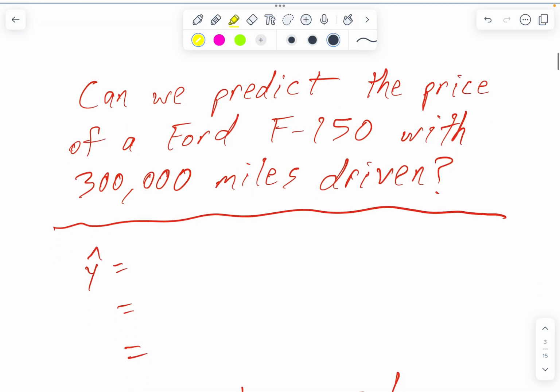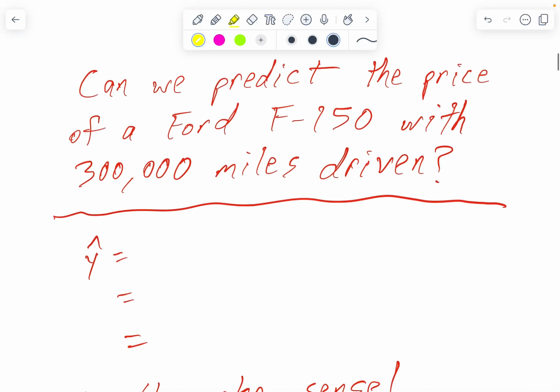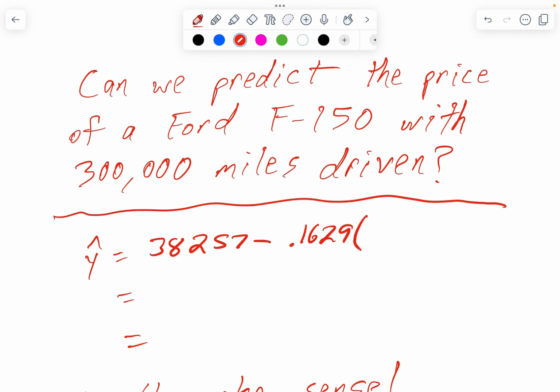Now, can we predict the price of a Ford F-150 with 300,000 miles driven on it? Well, of course we can. We can just plug and chug like we did on the previous one. Y hat is equal to 38,257 minus 0.1629 times x, where x is representing miles driven.